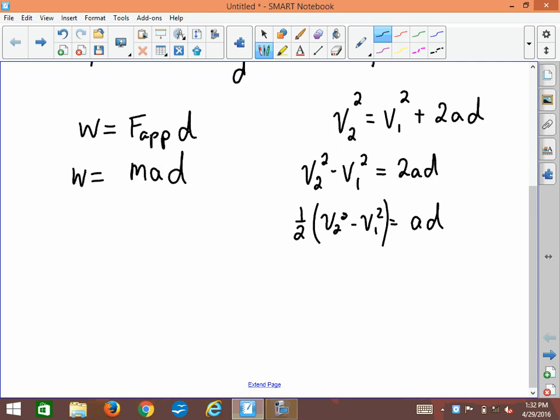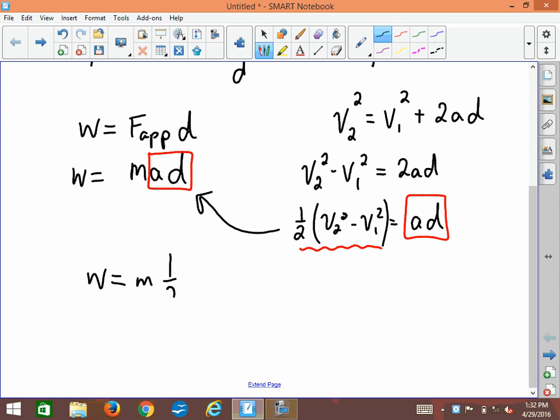So all I did is mess around with it a bit. It didn't really change anything. But ad is the same as this ad over here. So I can use this part as a substitution. So when I substitute this for that, this becomes work equals m multiplied by a half times v2 squared minus v1 squared. But remember, we said that v1 was 0.